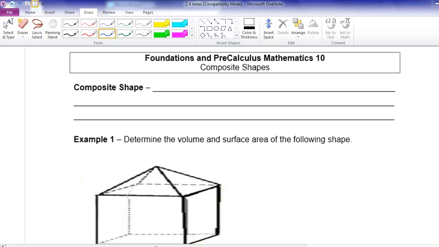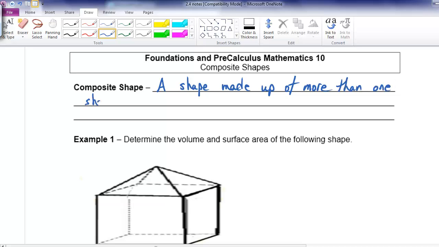So a composite shape is a shape made up of more than one other shape.